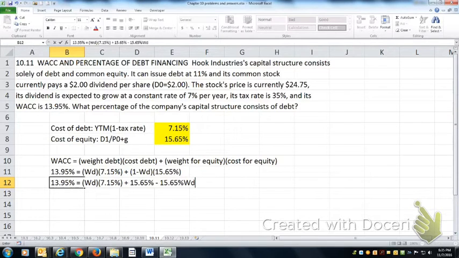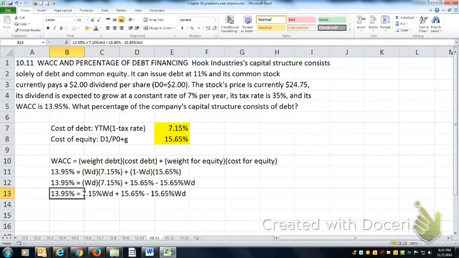Alright? So 13.95% is equal to 7.15% WD plus 15.65% minus 15.65% WD. Let me subtract 15.65% from both sides.